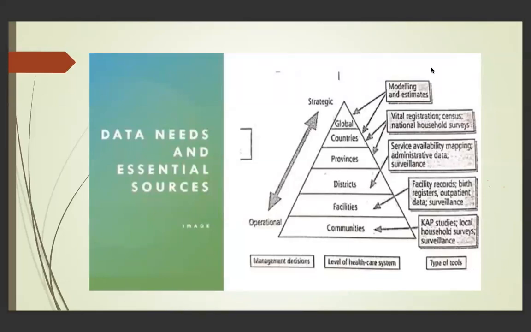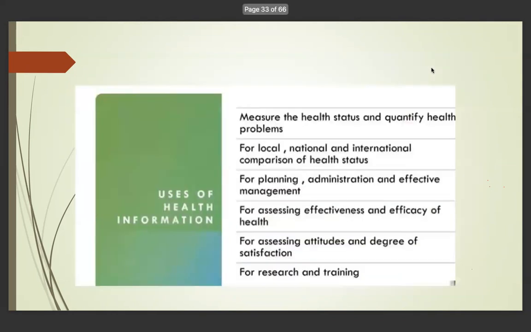At the level of districts, there will be service availability mapping, administrative data, and surveillance. When we talk about the provinces and the national level, the data sources would be vital registration, census, and national household surveys. And at the global and national level, there will be modeling and estimates. The management decision goes from operational to strategic.